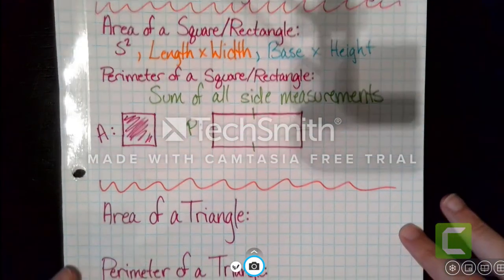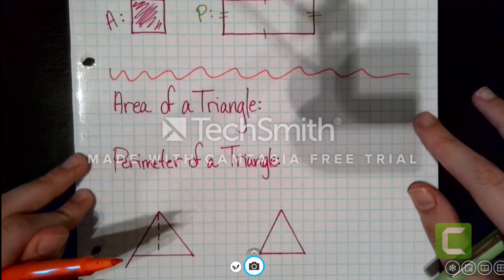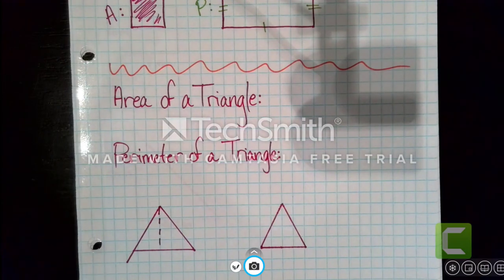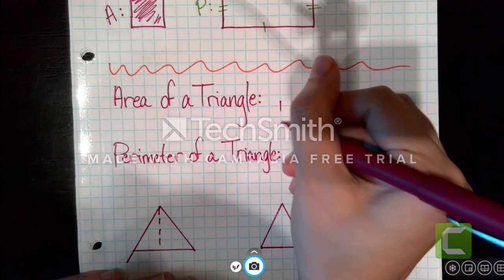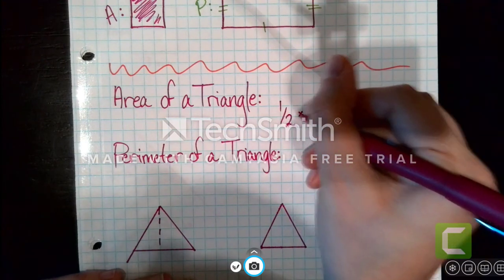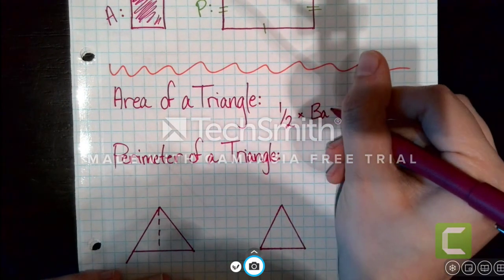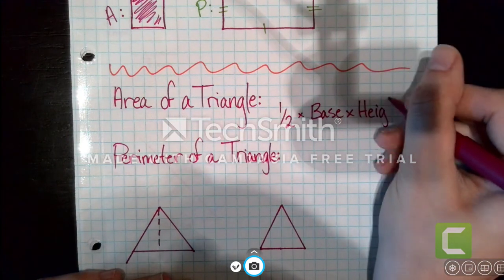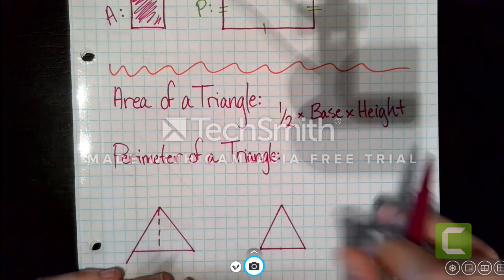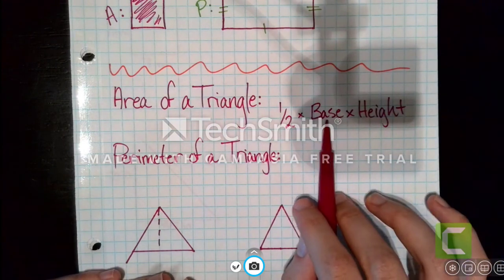The same thing can apply to the area of a triangle. The area of a triangle has one formula and can be written as 1/2 times the base of the triangle times the height of the triangle. Now, again, this should look familiar, base times height.